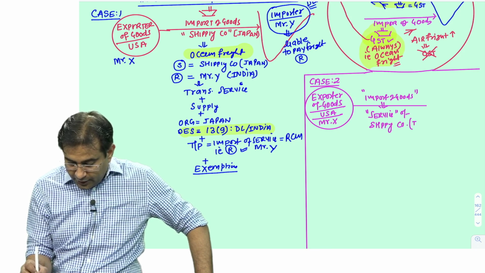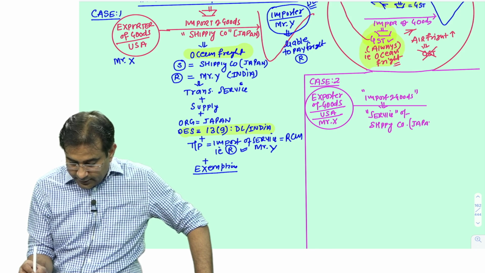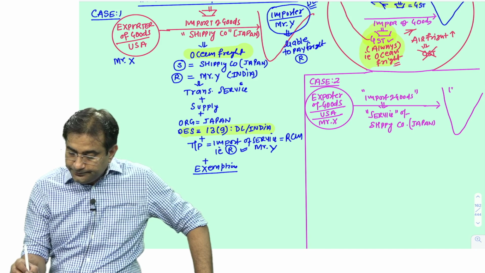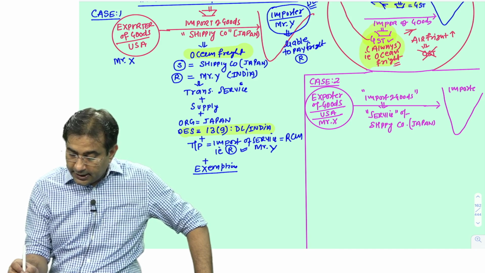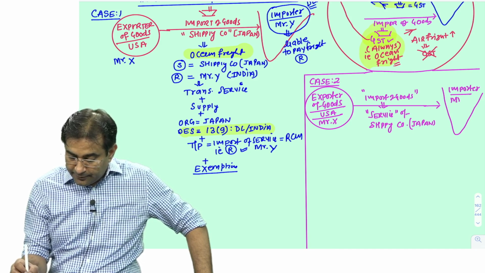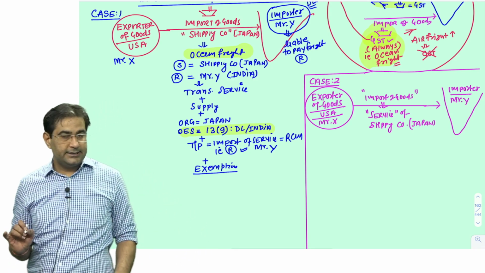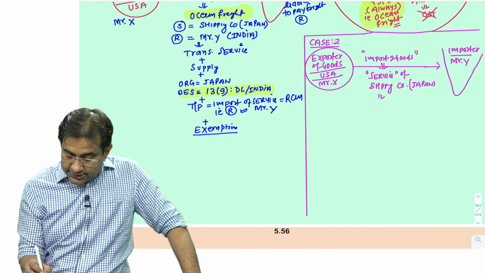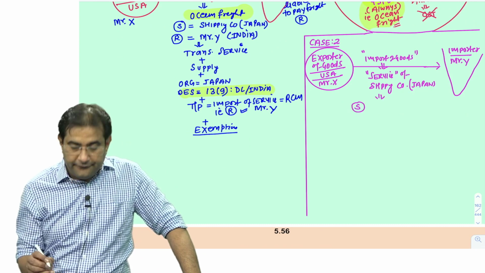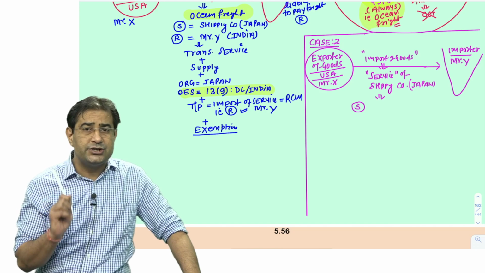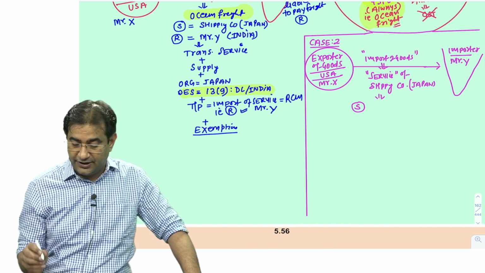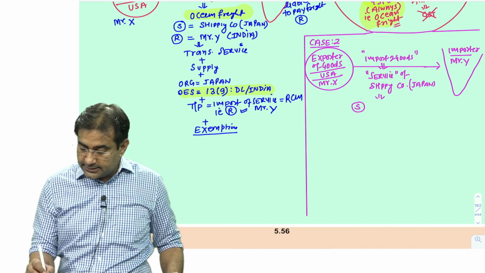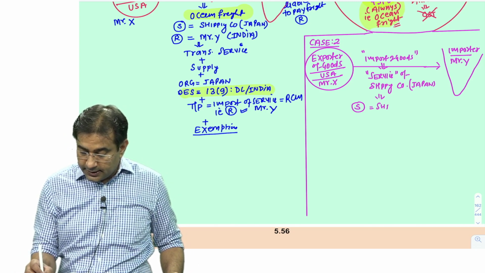The shipping company belongs to Japan. Okay, and here is the importer, namely Mr. Y. Right, sir? Okay. Now in such a case, I am just talking about ocean freight. I am linking ocean freight, my dear. So with respect to ocean freight, who is the supplier? The supplier is a shipping company.